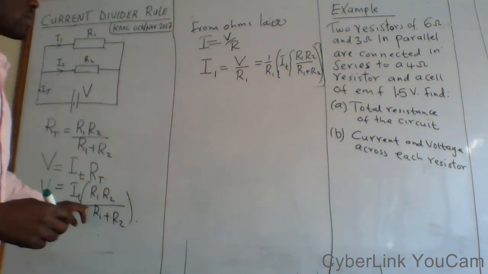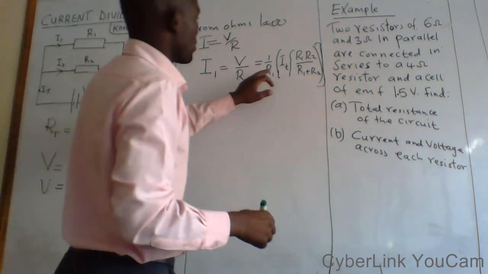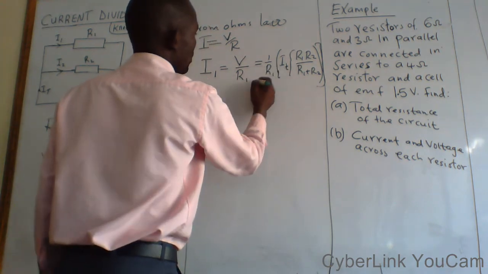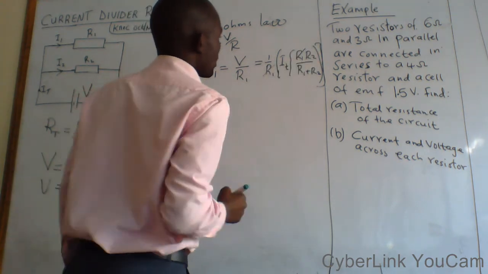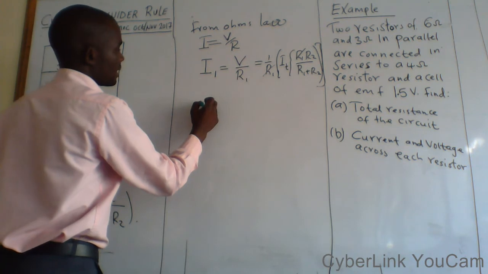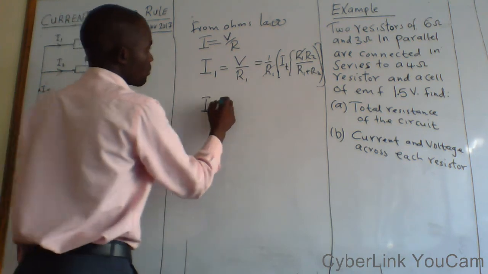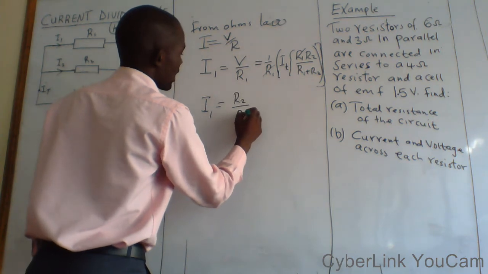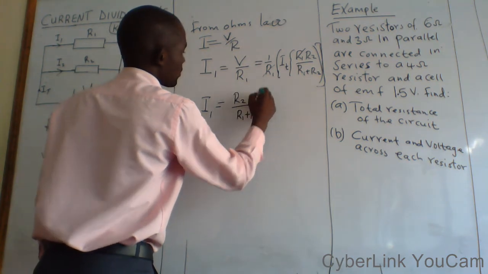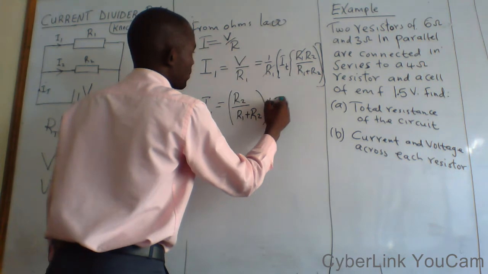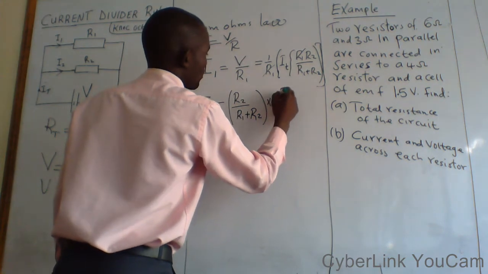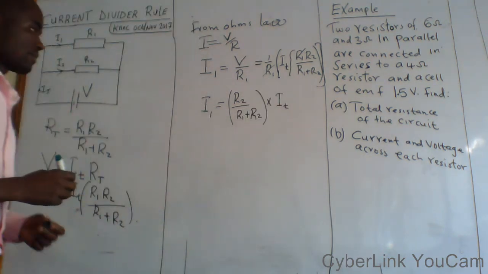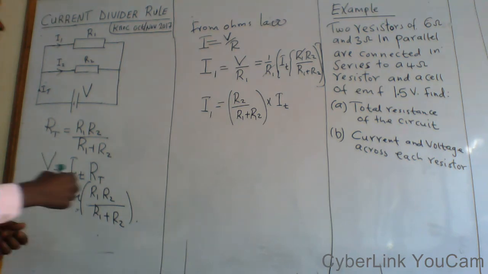Once you do this and cross multiply, remember this R1 will cancel with this R1. So now I1 will be equal to R2 divided by R1 plus R2 multiplied by the total current IT. That is our first current.